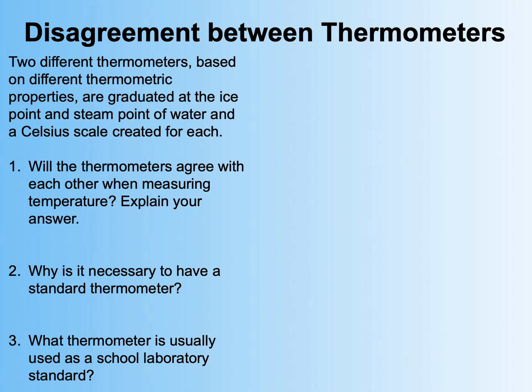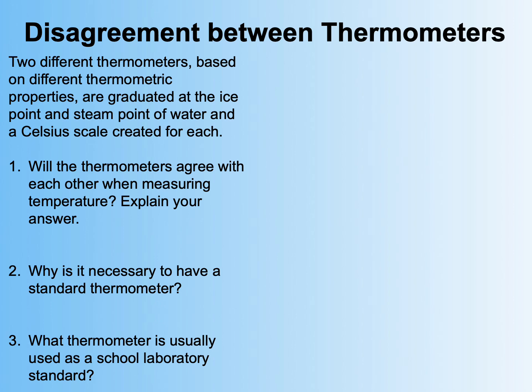So this next slide here is important, what we call disagreement between thermometers. Two different thermometers based on two different thermometric properties are graduated at the ice point and steam point, and a Celsius scale is created for each. So typical questions that come up in an exam are the three following.